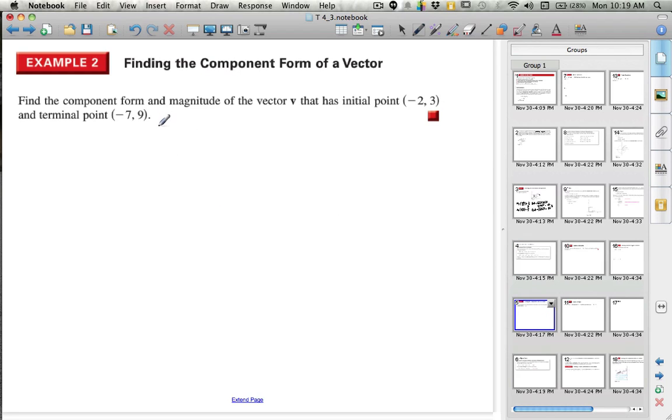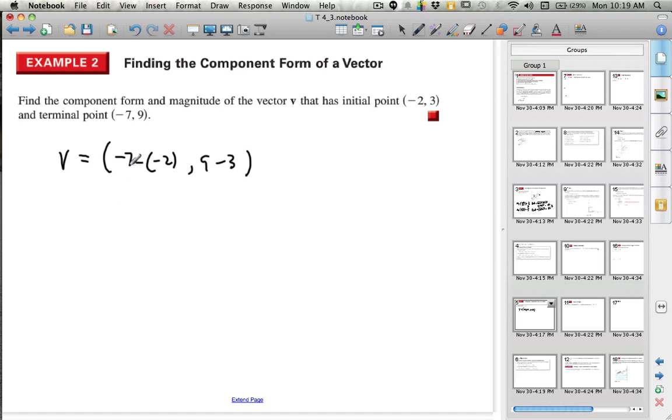Okay, so if I want to find the component form, I'm going to find an initial point here and a terminal point there. So the component form of vector v would be the terminal point's x-coordinate minus the initial point's x-coordinate, and the terminal point's y-coordinate minus the initial point's y-coordinate.